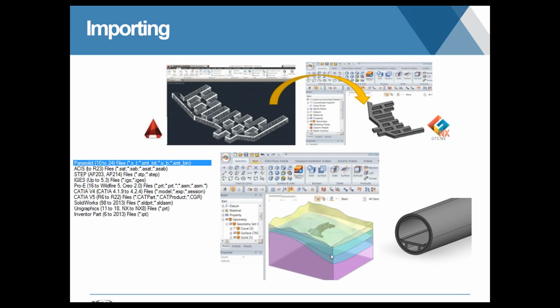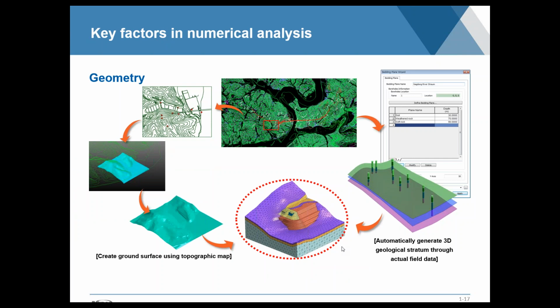We have a lot of different methods, but one of the stronger ones is the ability to take contour lines and extract the surface, basically the topography, and also combine that with boring hole data that you can input manually in table format by giving coordinates of the locations, or you can generate it in an Excel table, and the program will read it and generate these surfaces automatically. Then I'll show you in a second how you can take those surfaces, divide a solid, and retain the final geometry of your terrain with these simple tools.